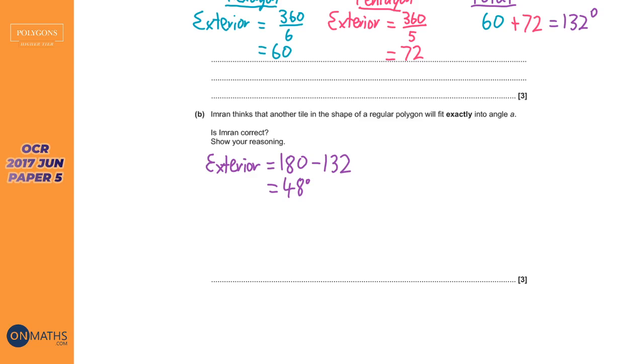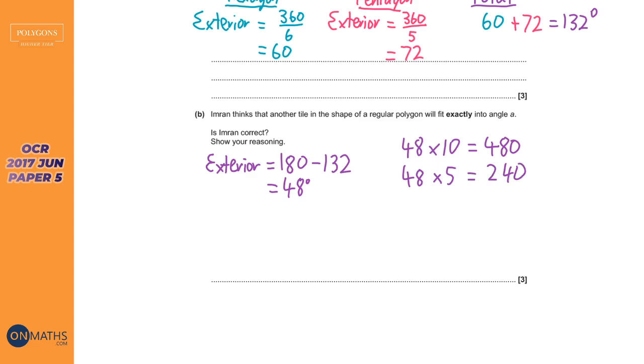If it's not a multiple, then the polygon can't exist. Simple as that. So I'm just going to struggle and do this without a calculator. I know that 48 times 10 is 480, therefore 48 times 5 is going to be, what, 240.